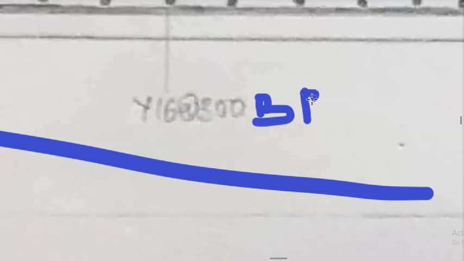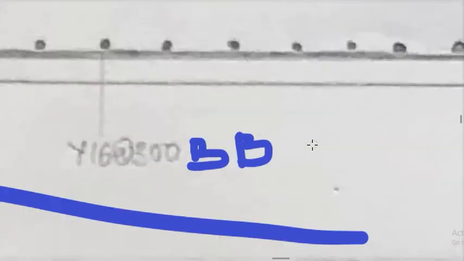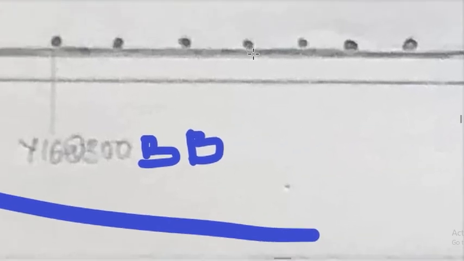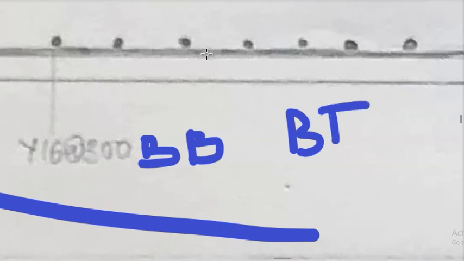You always see things like this on structural designs. BB means bottom bottom, while BT means bottom top, which are all these ones. This is a bottom top bar, while this one is a bottom bar, and this is the main bar for here, and this is the distribution bar.